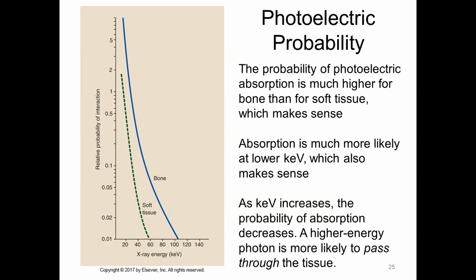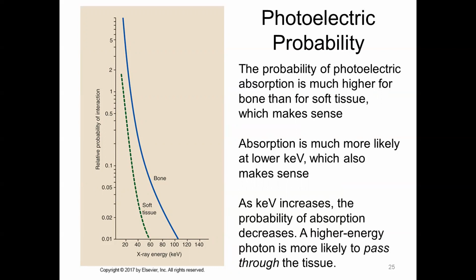Here, we've stripped Compton out of the equation. We're just looking at photoelectric probability. And instead of just looking at soft tissue, we have a dashed green line indicating soft tissue and a blue line indicating bone.